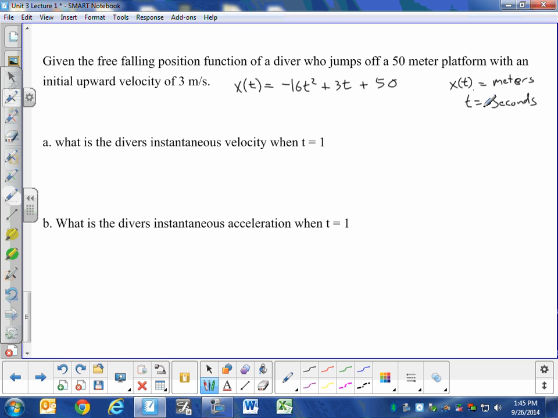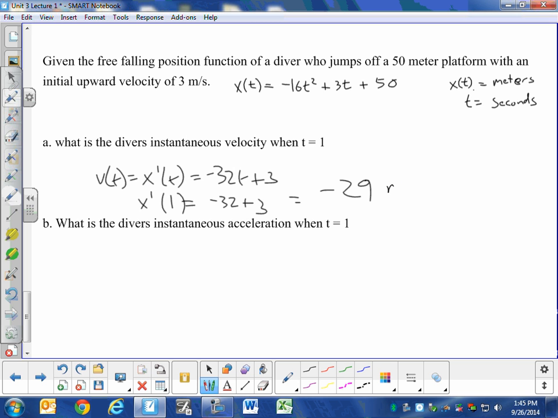If you want to find his velocity when t is equal to 1, you can take the derivative of your position and evaluate that at 1. Negative 32t plus 3. Plug in 1. I get negative 32 plus 3, which is negative 29 meters per second, which seems steep, but I guess that's right.